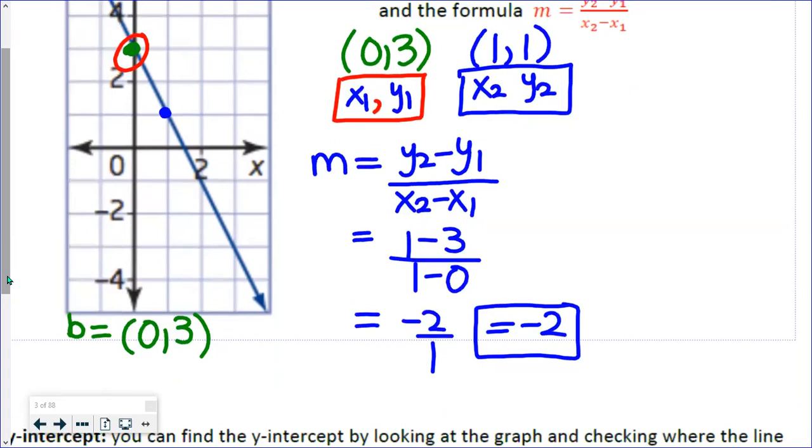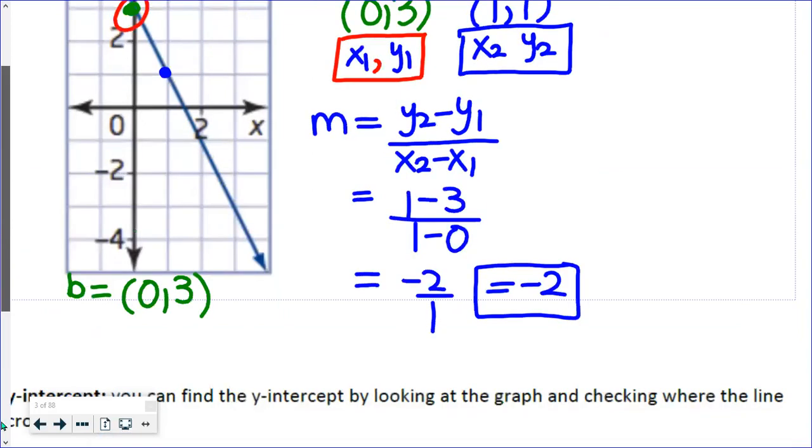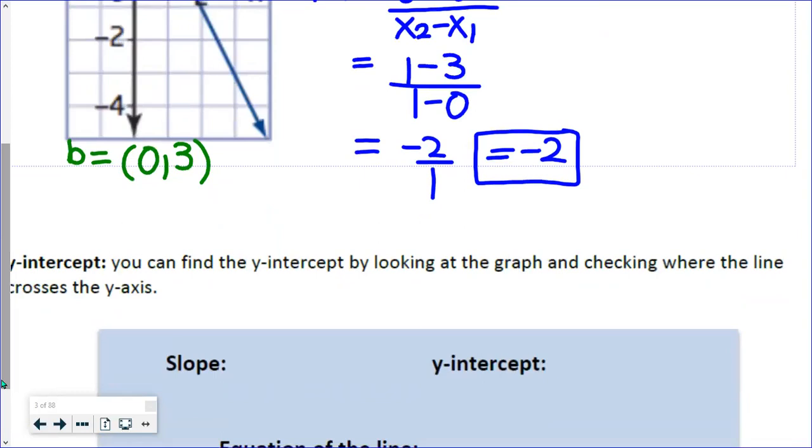This is a decline, so I have a negative slope. And remember, I already know from the graph that my y-intercept is 0, 3. So I know my slope now, negative 2, and my b value, positive 3.